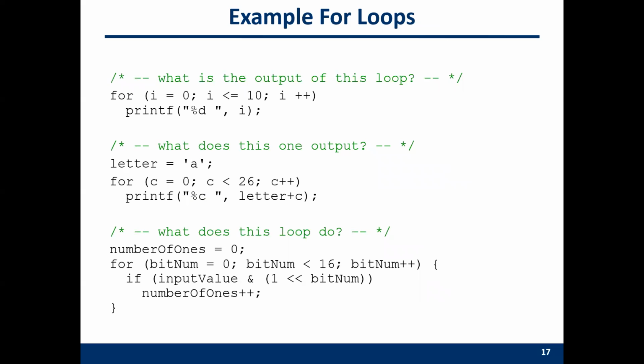The second one is to print out the letters from A to Z. Oh, it's not a capitalized letter. The last one is, how many ones are in the binary representation of that number?